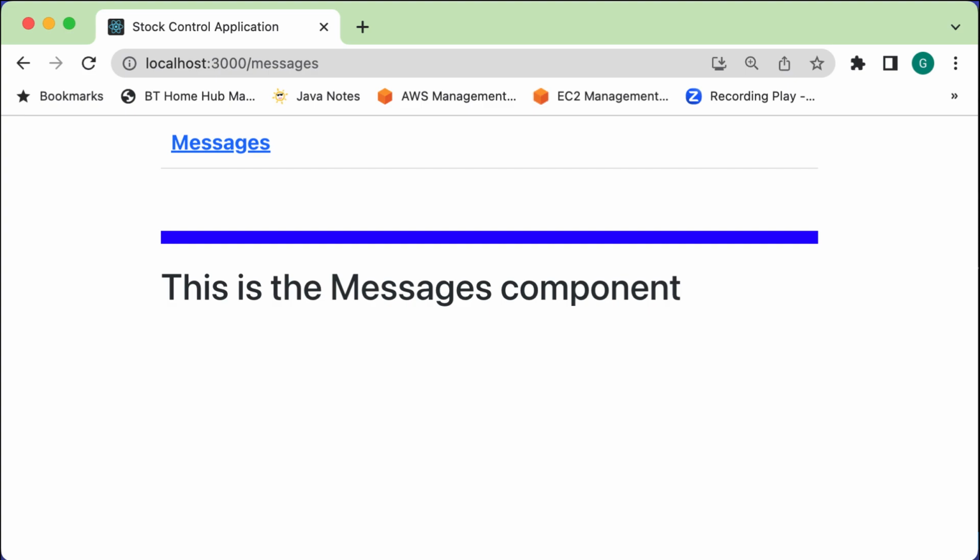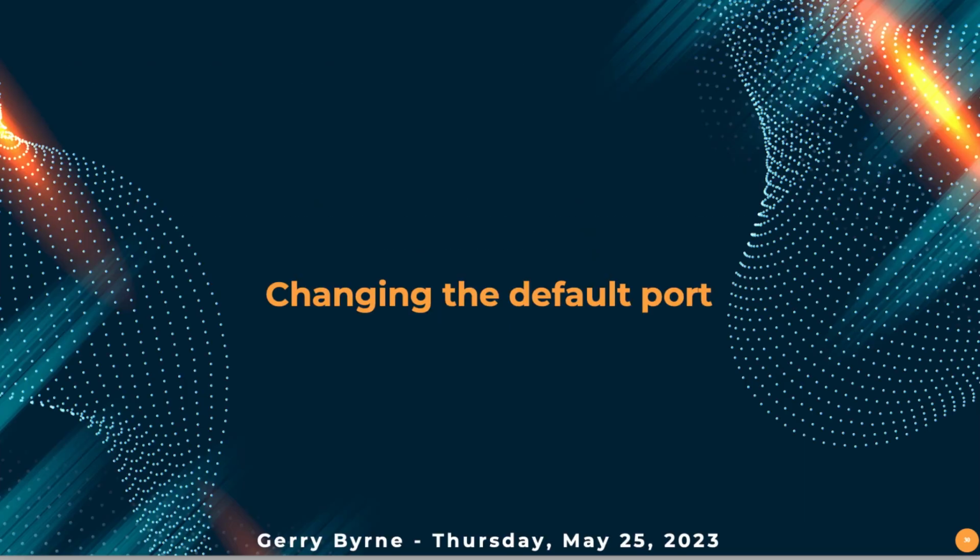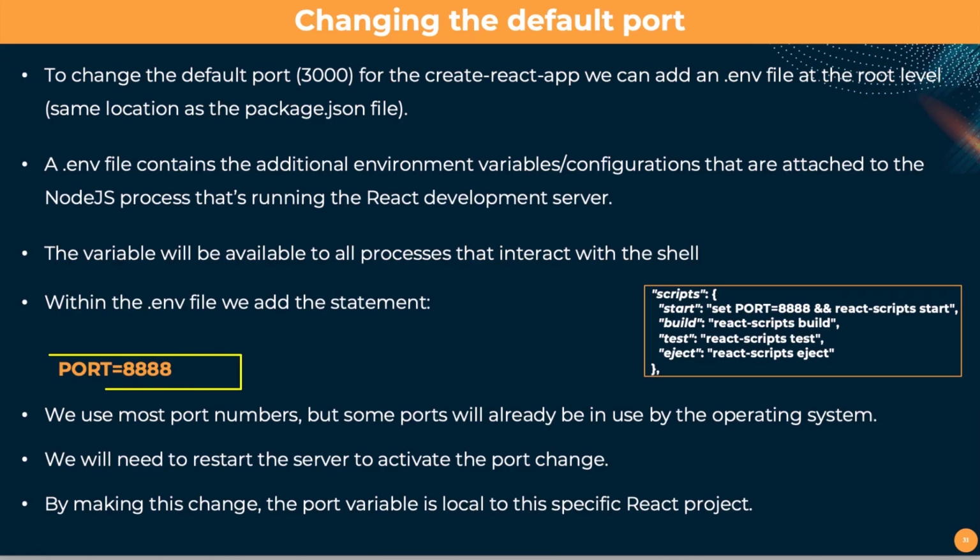If for some reason you don't close the server and you try to run it again, it'll tell you that it's already running on a port, and do you want to start on port 3001 or 3002 or whatever. But we can change the default port by using the idea of port equals 8888 or whatever else I want as my port number.